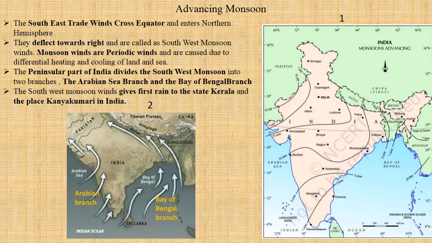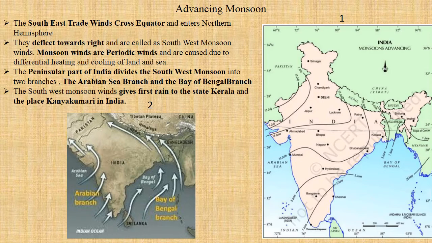Now let's pay attention to picture number 2. In this map, the peninsular part of India divides the southwest monsoon winds into 2 branches, the Arabian Sea branch and the Bay of Bengal branch. These 2 branches have their own way of moving ahead over the landmass of India.